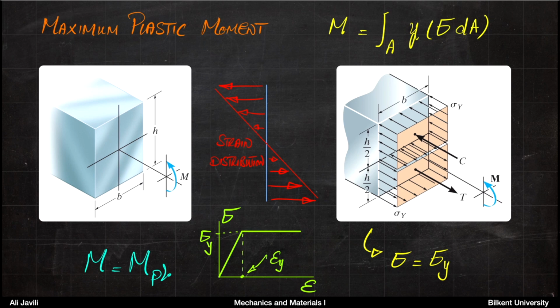So in that sense, you would get a compressive force, let's call it C, and a tensile force T, which are equal in magnitude but different in sign. And if you multiply them by their effective distance, you can eventually calculate the moment.